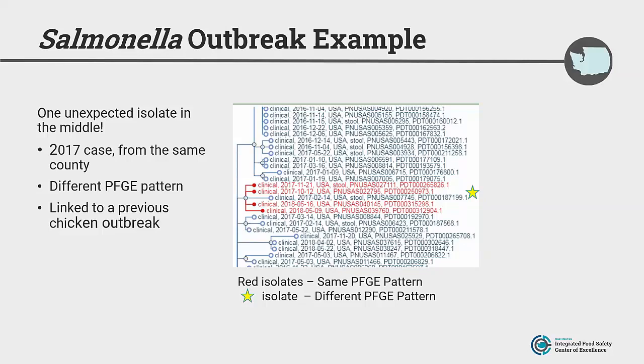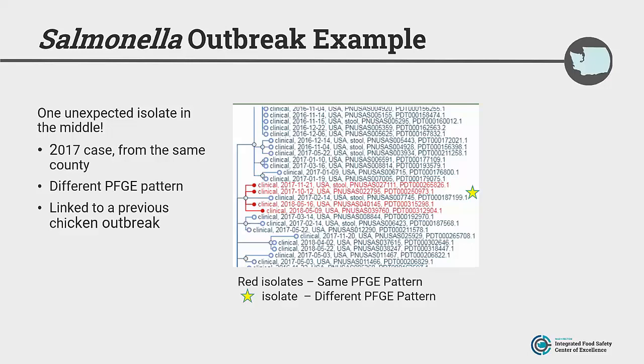Our 4 isolates are highlighted in red. You can see the 2017 isolates as well as the 2018 isolates, and they all clustered tightly together on the whole genome sequencing tree. That gave an indication that maybe we should be considering this as one ongoing cluster versus 2 separate events.